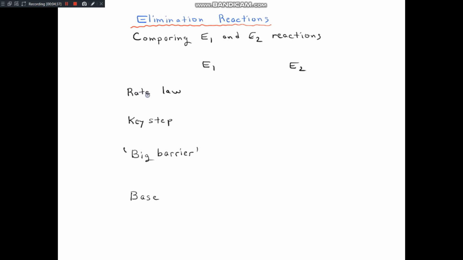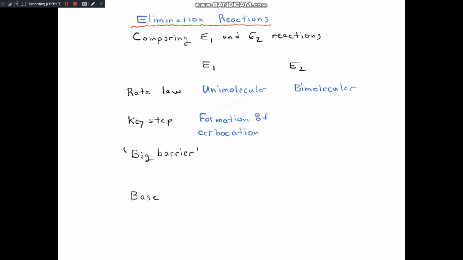So in terms of the rate law of the E1 and the E2, we said that the E1 was unimolecular. It was unimolecular. So the slow step was formation of carbocation. And by contrast, the E2 was bimolecular.